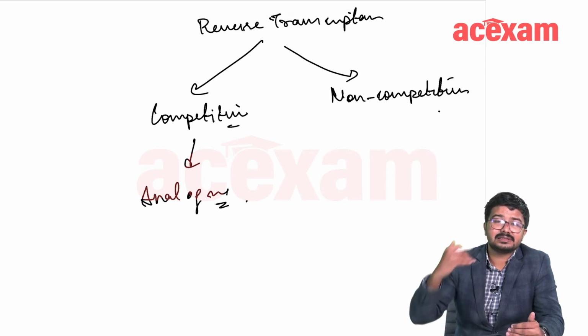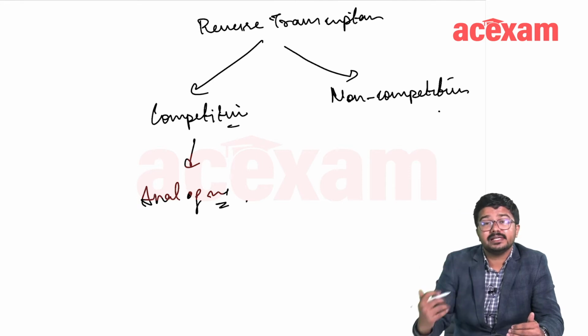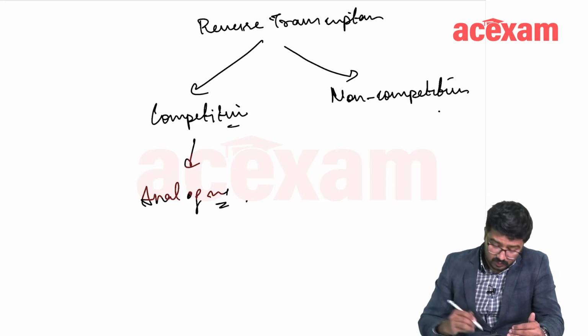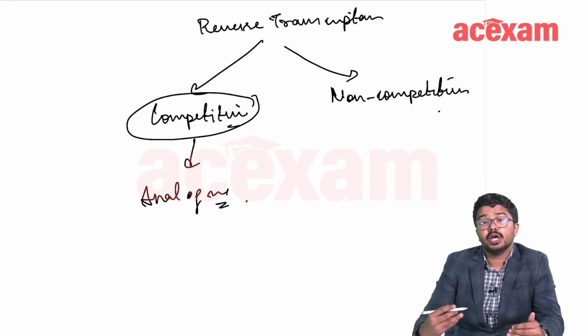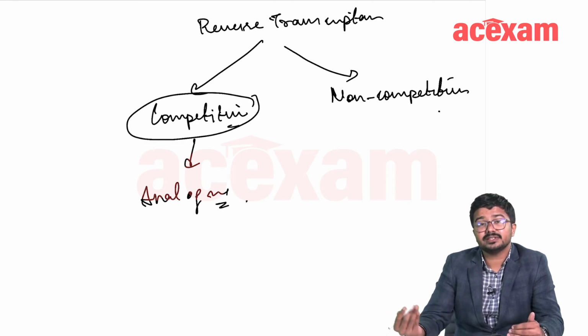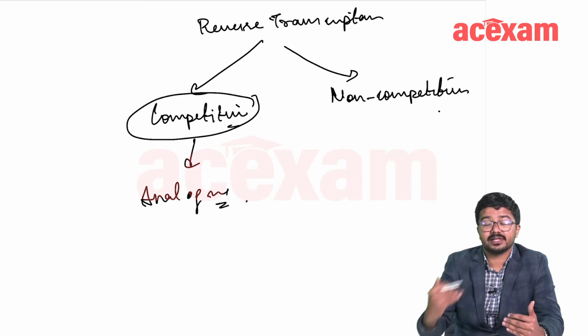You know that single-stranded RNA will be converted into a proviral DNA, right? Now, these competitive reverse transcriptase inhibitors, also known as nucleoside or nucleotide reverse transcriptase inhibitors, are drugs which compete with the normal adenosine, guanosine, thymidine or cytidine. They compete with these and get incorporated.